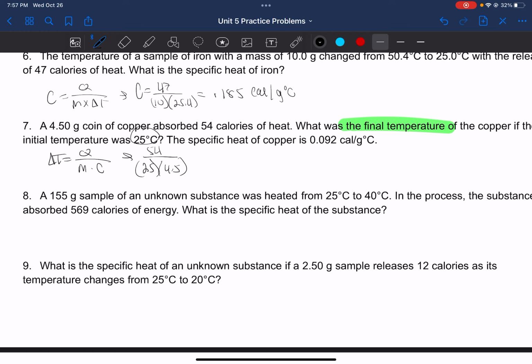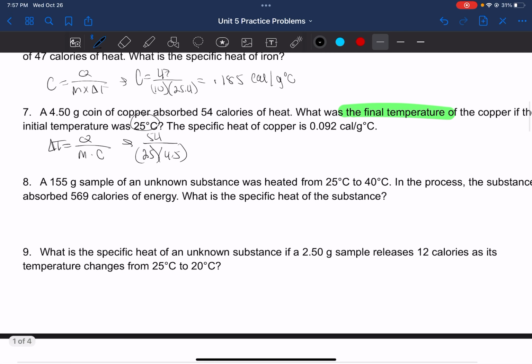And actually, if you put 54, 25 times 4.5 in your calculator, it definitely doesn't give you the right answer. It's actually far too small to be used.